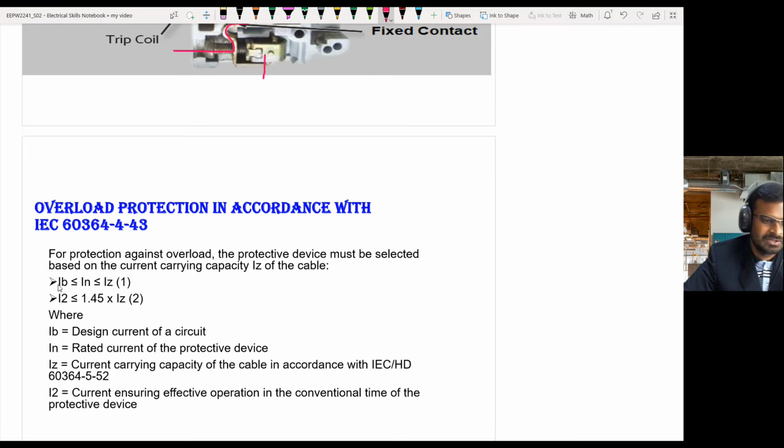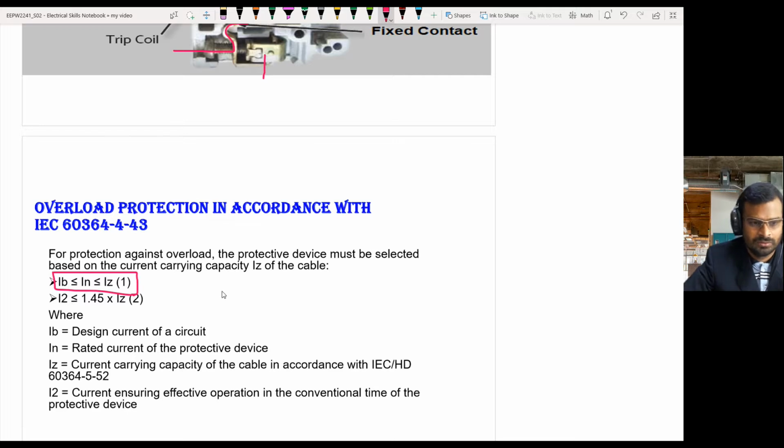If you see this equation, you can understand that IZ, the current carrying capacity of the cable, should be greater than the current rating of the MCB or protective device, and both should be greater than the load current of that particular circuit. We have to be very clear on this.